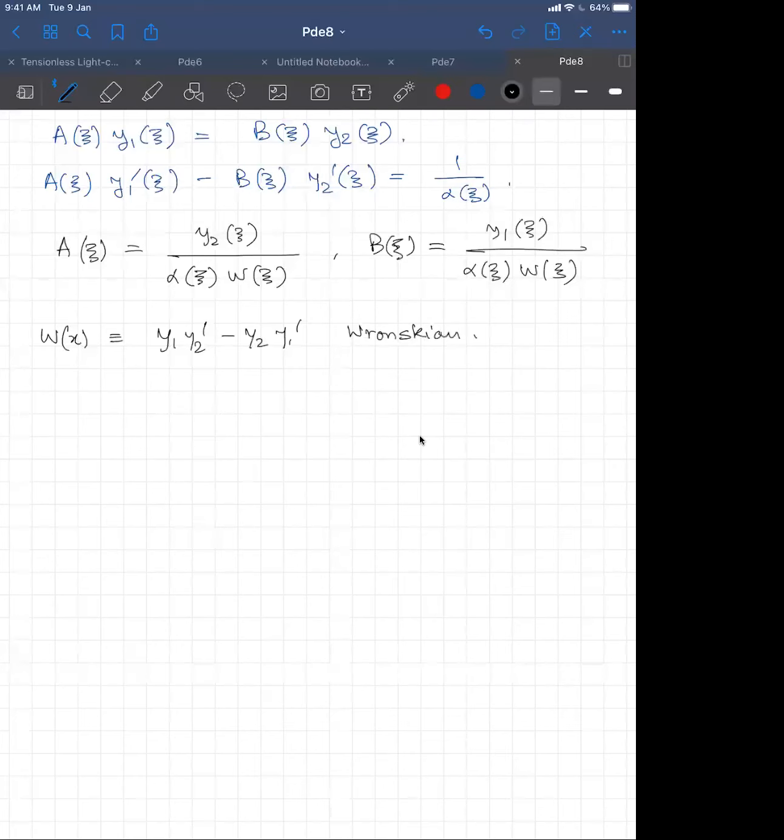This is evaluated at x equal to psi. Okay, evaluated at x equal to psi.